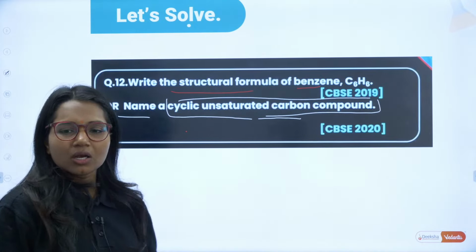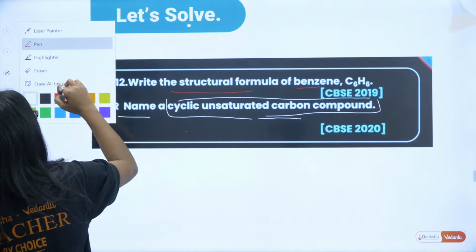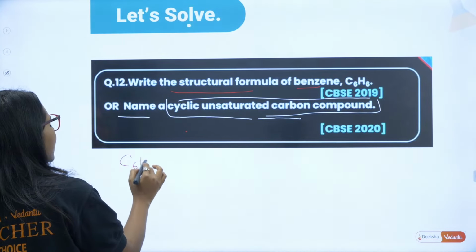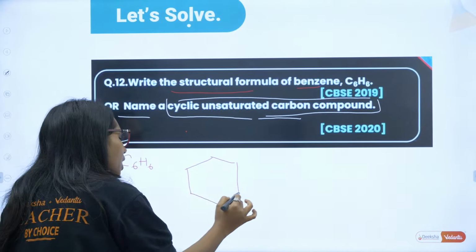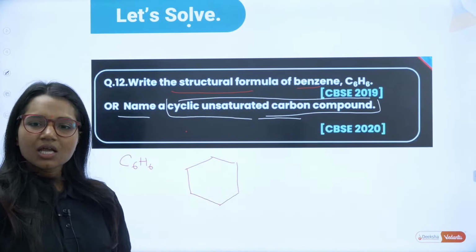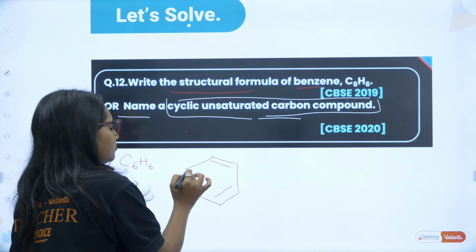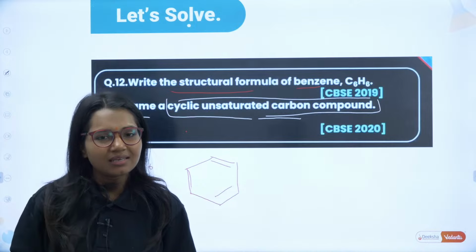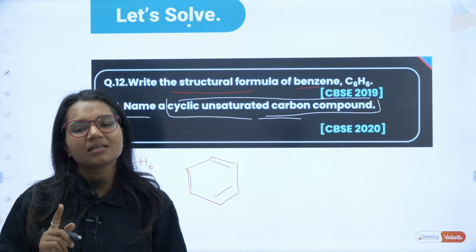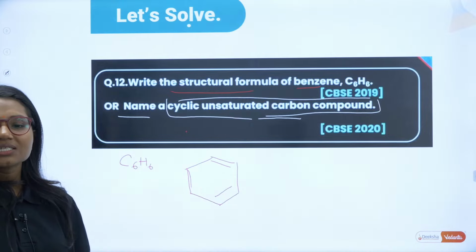Everybody knows that the molecular formula for benzene is, what is the formula for benzene, guys? C6H6. Benzene is a cyclic compound. Yes, don't forget to put the double bonds here. This is the structure of benzene, correct? Okay, absolutely correct. So here this is the structure of benzene.